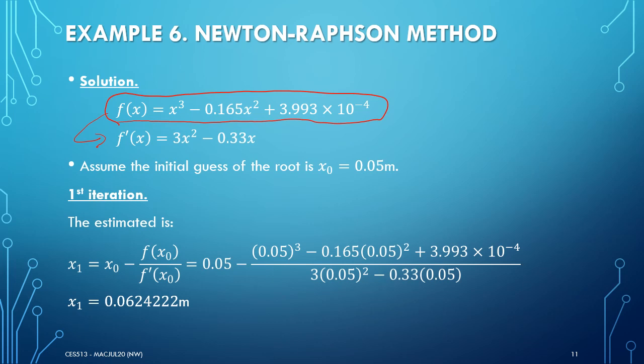And then by assuming the initial guess is 0.05 for x0, we can estimate x1 by using the Newton-Raphson formula. Substituting all the values from above, we get the estimated root x1 equal to 0.0624222 meter.